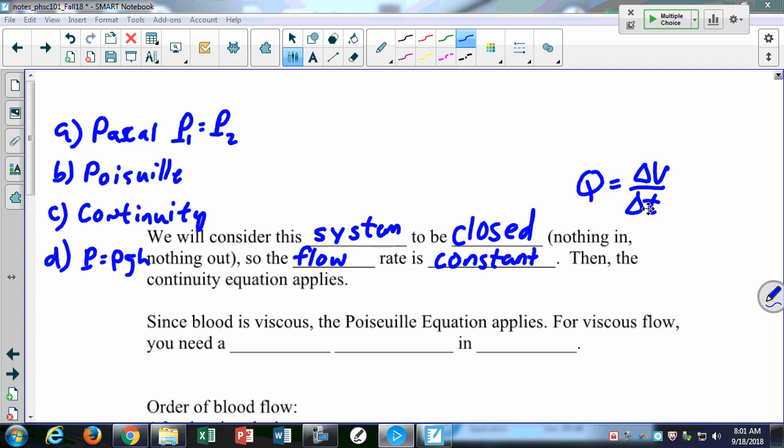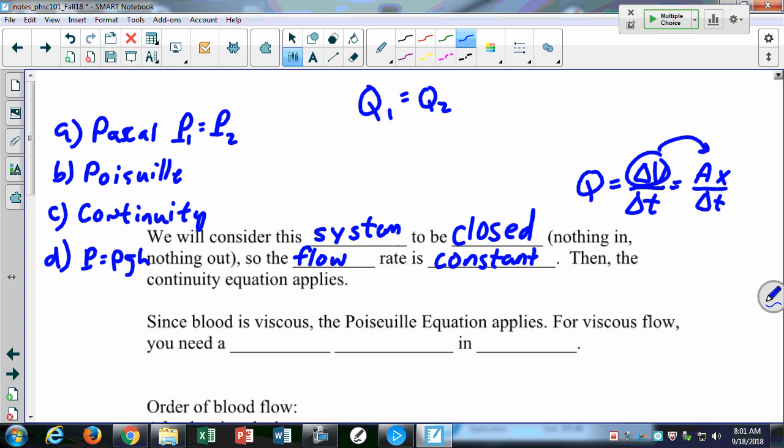Remember the continuity equation? We started out with Q1 is equal to Q2, but then we said that this delta V over delta T is the same as area times some length over delta T. Remember we said that volume is an area times some length, and that this is the same as our velocity. So we had A1 V1 equals A2 V2.